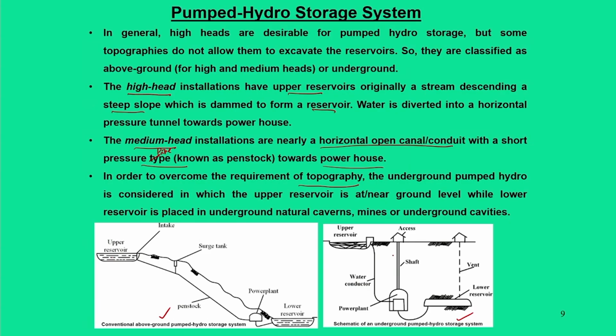The other way is that beneath the ground we can create a lower reservoir, because once you go to a depth, we can create an underground reservoir where water can be stored and easily accessible. So, that is another way we can look at the topography.